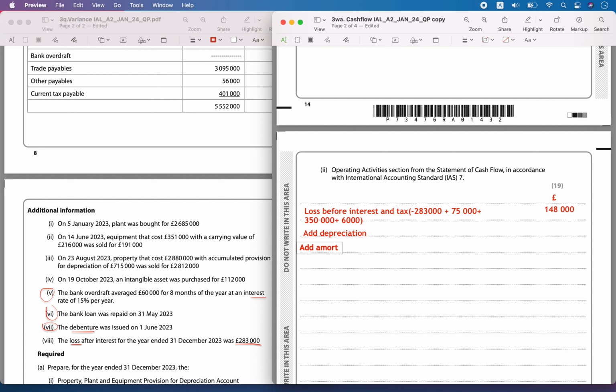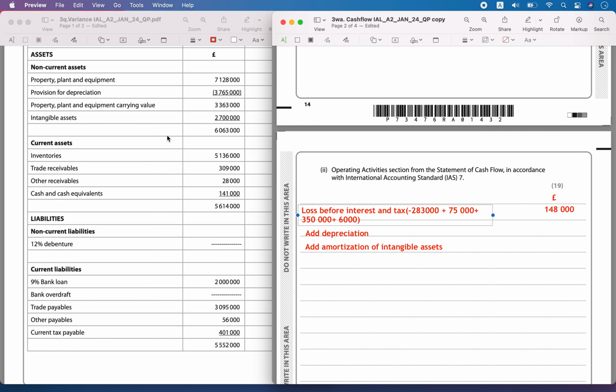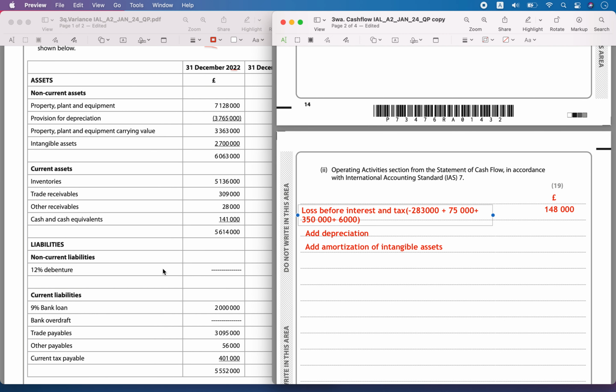So add amortization of intangible assets. Okay, and intangible assets are usually the ones that cannot be used for monetary value. They will not have any monetary value, like goodwill, but still they would have placed a value in the financial statement.